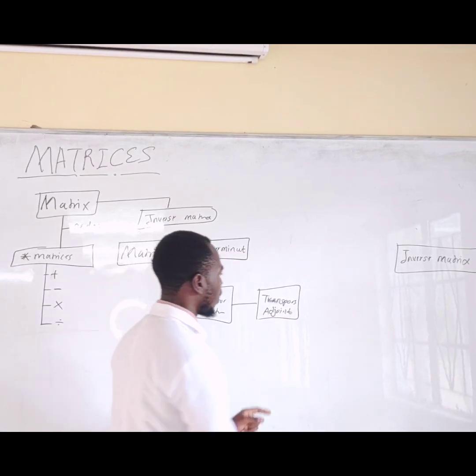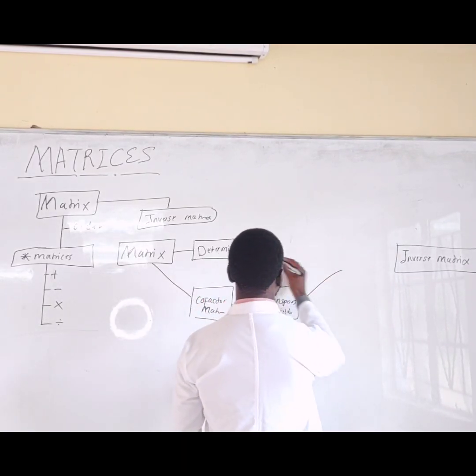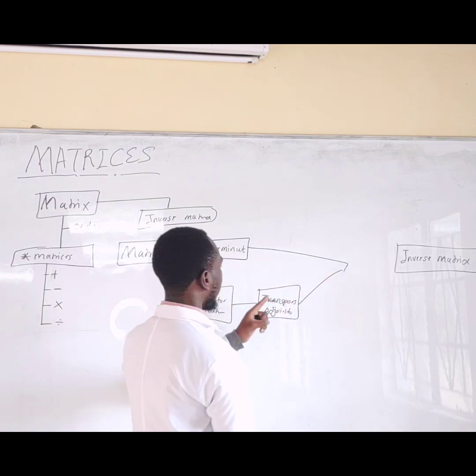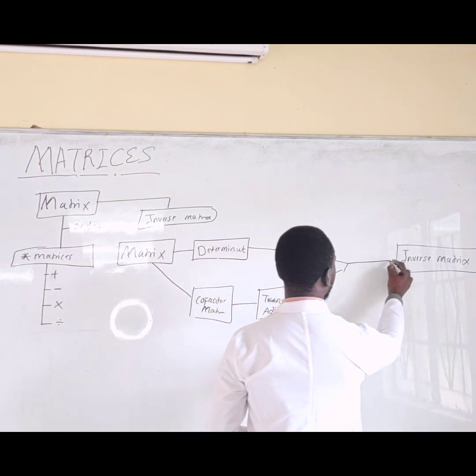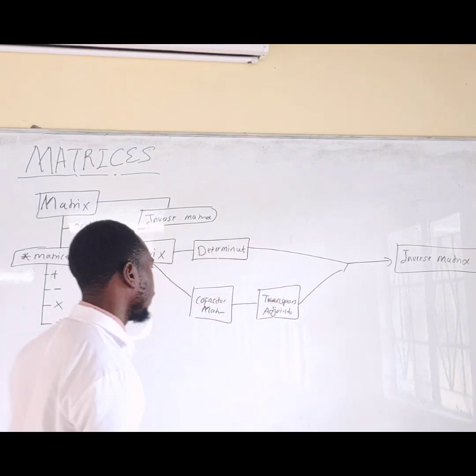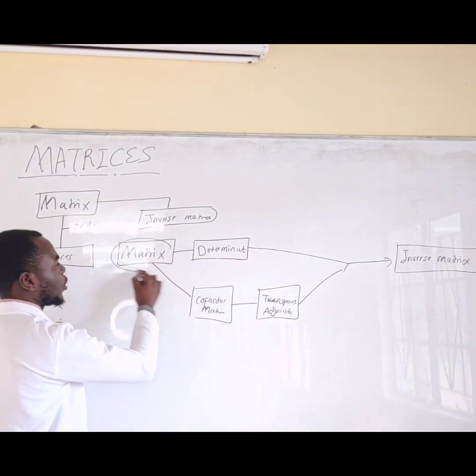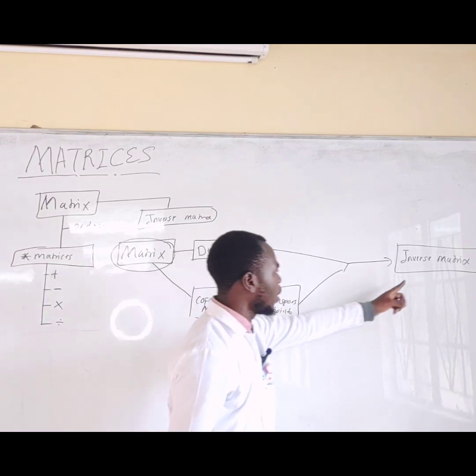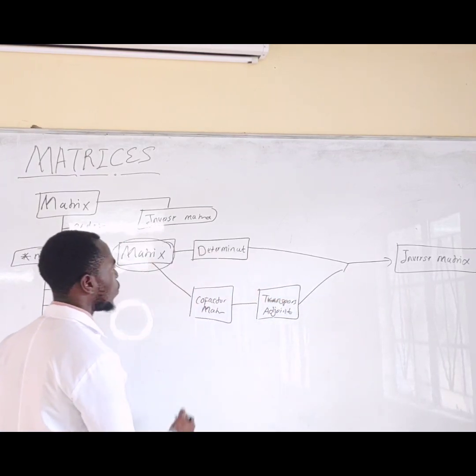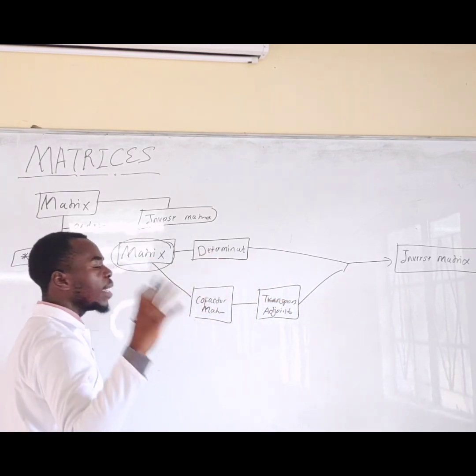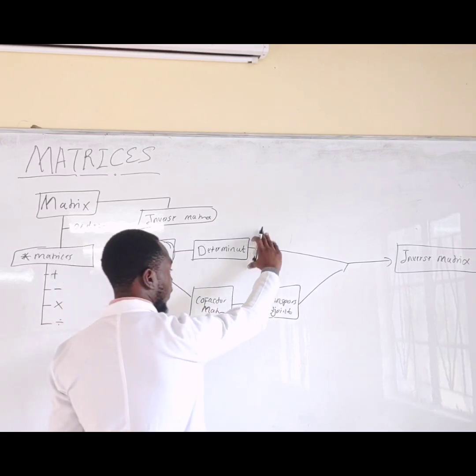Once you find that, you are going to operate the adjoint and the determinant together in order to produce an inverse of a given matrix. So the journey is like this. When you are given a matrix, in order to find the inverse, the first thing to do is to find the determinant. The determinant you calculate, you keep it like this.